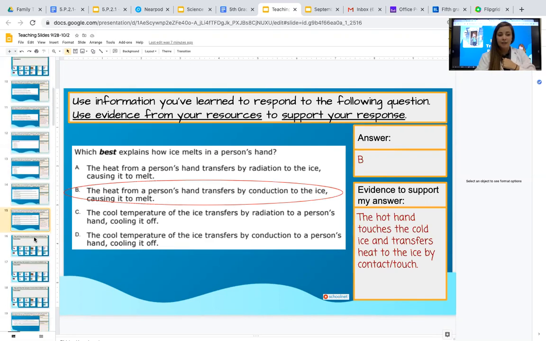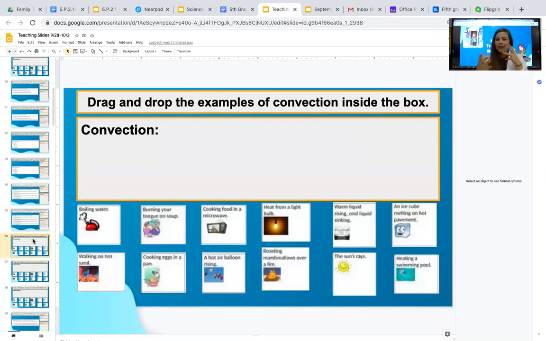All right. Now, who can give me some examples of convection? Let's let Class Dojo pick someone randomly. Here we go. Oh, Jacaden's not here today. Let's pick someone else. Jaquel, give me an example of convection. Convection.